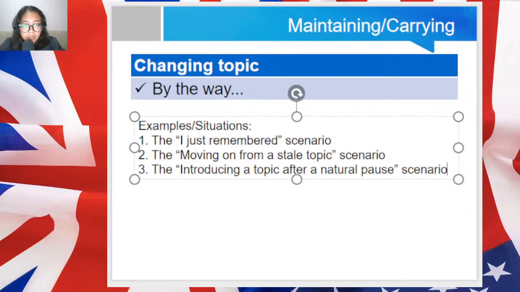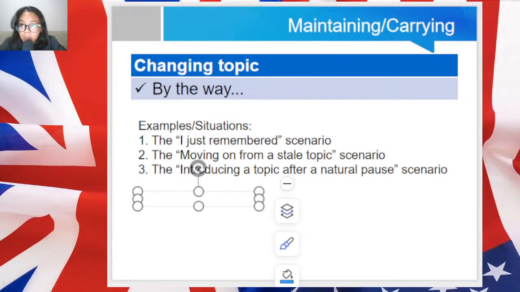So the dialogue here would be like this. Let me just guide you. For a moment, let me adjust the font size so that you can see it clearly.